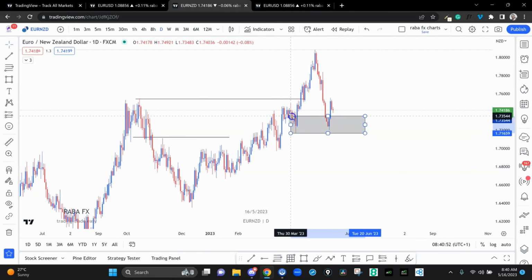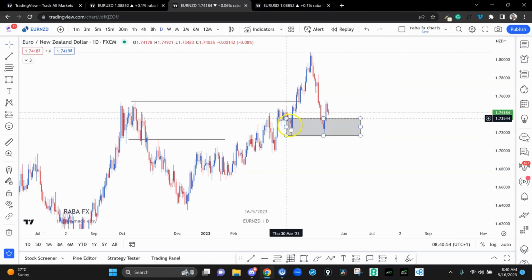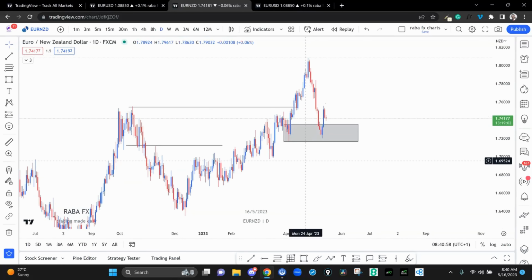Okay, now based on this, you can do what is called refinement. Refinement is simply you going to a lower time frame to look for other points of interest that are within this overall point of interest on the daily structure.